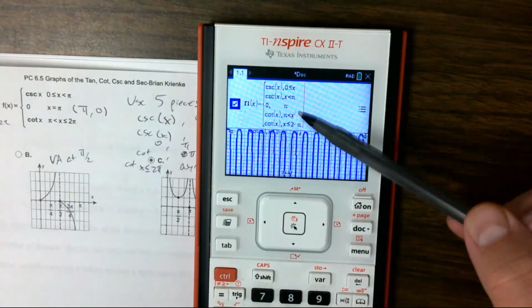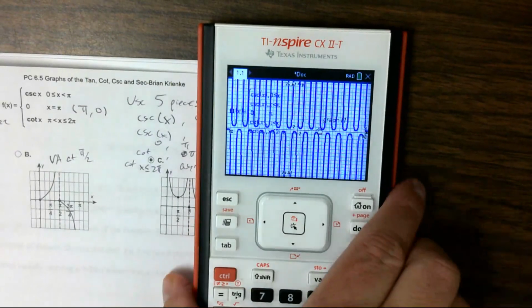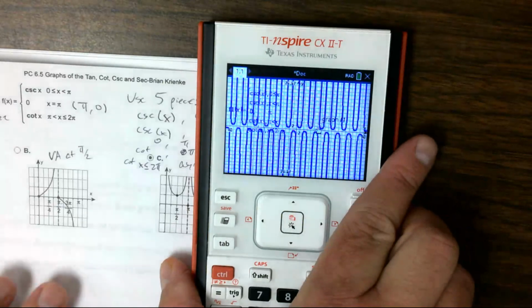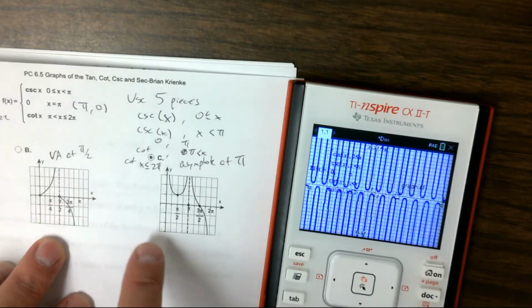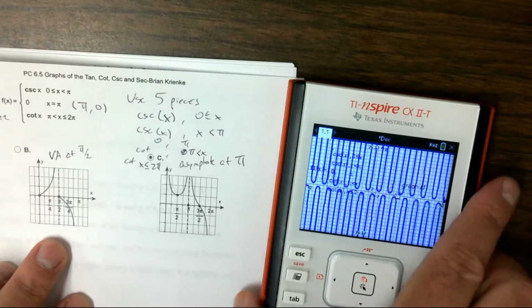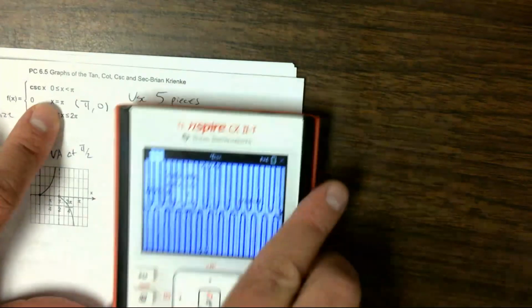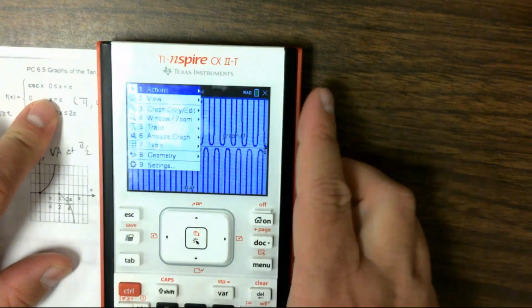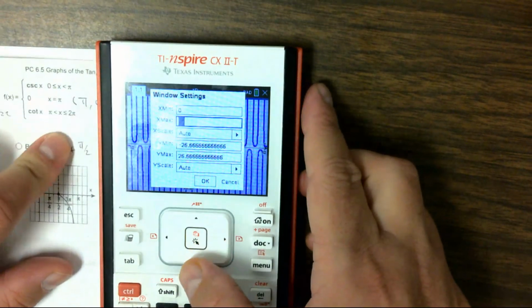So there it is right there. Now you're just going to want to look at your specific window, whether it's ending with 2 pi or ending with pi. So what I would do is go to your window and make this 0 and make this 2 pi.